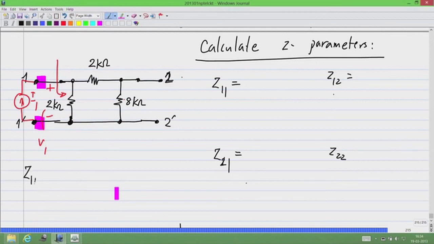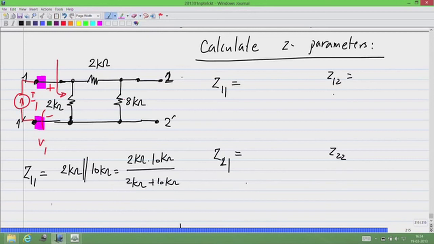So Z11 will be 2 kilo ohm parallel with 10 kilo ohm, which is basically 2 kilo ohm times 10 kilo ohm divided by 2 kilo ohm plus 10 kilo ohms, which is 20 by 12 kilo ohms, or you can also write this as 5 by 3 kilo ohms, which is basically 1.67 kilo ohms. Okay.